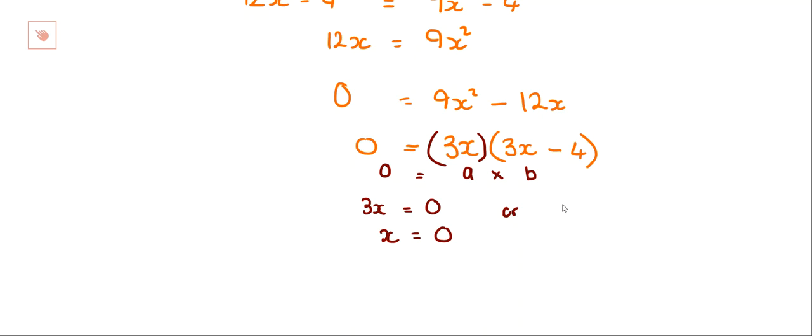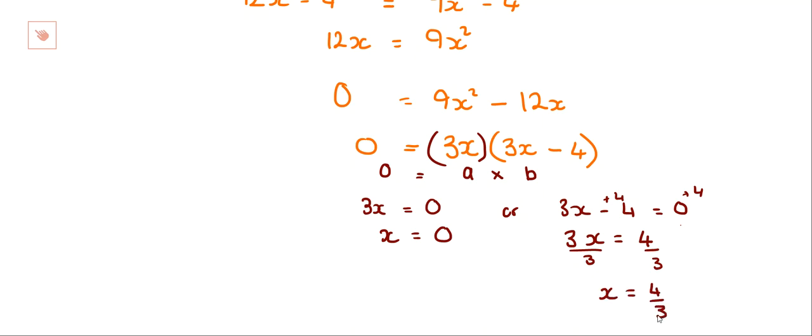Or 3x minus 4 has to equal 0, which means x has to equal... Well, let's do it step by step. So I add the 4. So I've got 3x equals 4. Then divide by the 3 gives me x equals 4 over 3. Okay. This is a complicated question.